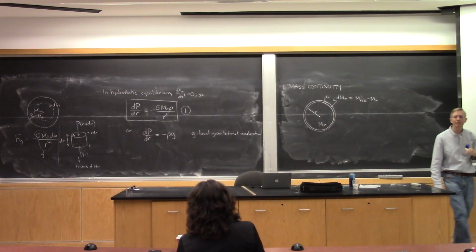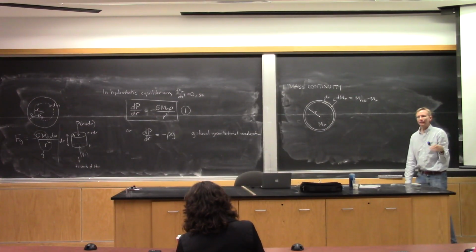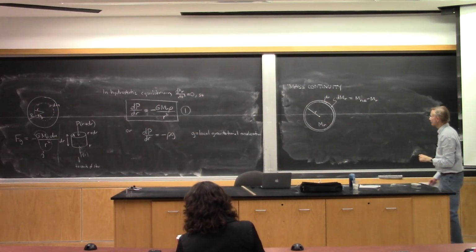It's just how much mass is in that little thin shell. And again, this would really be in the limit as dr goes to 0, right? It's the usual kind of calculus limits stuff.